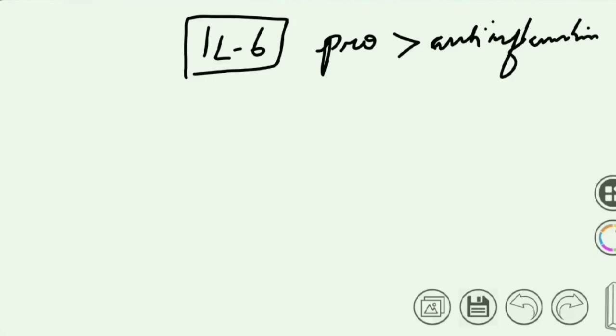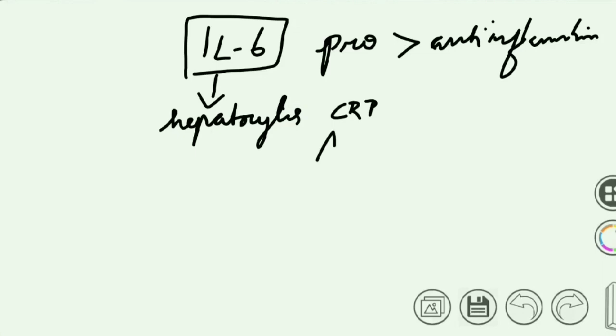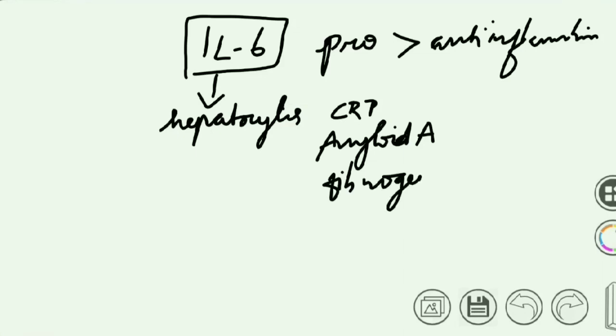This is going to stimulate your hepatocytes to release the acute phase proteins such as CRP, amyloid A, fibrinogen, hepcidin.